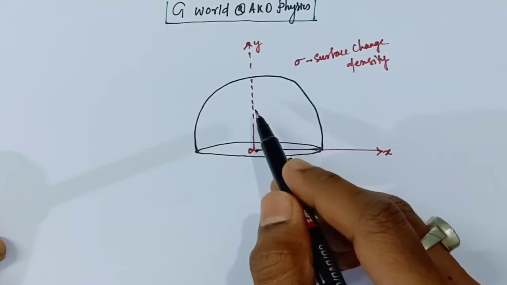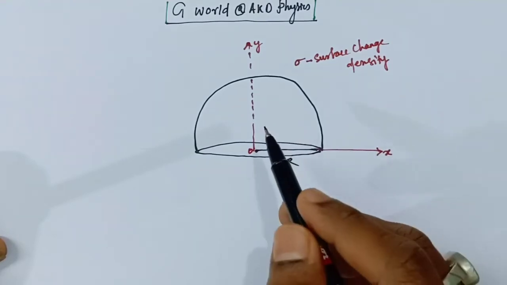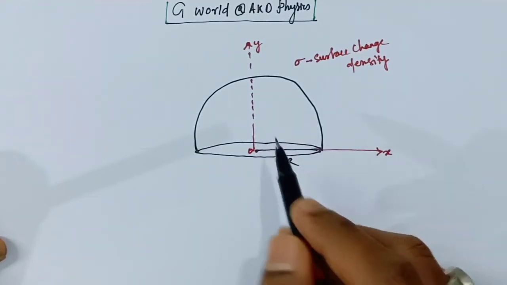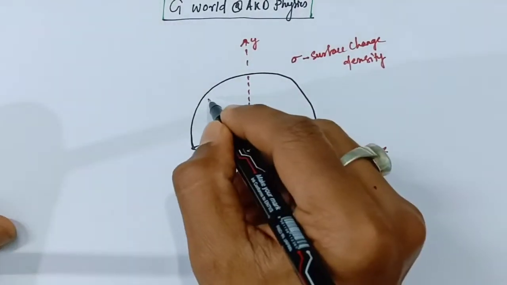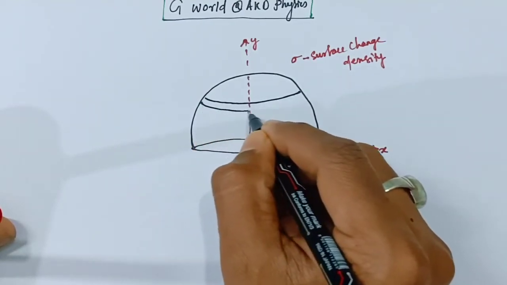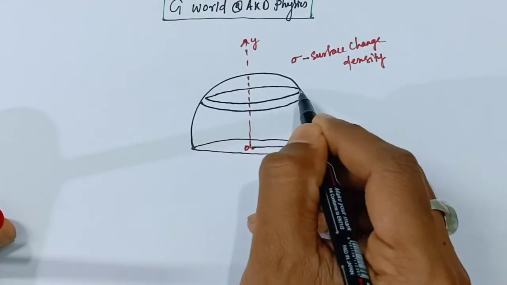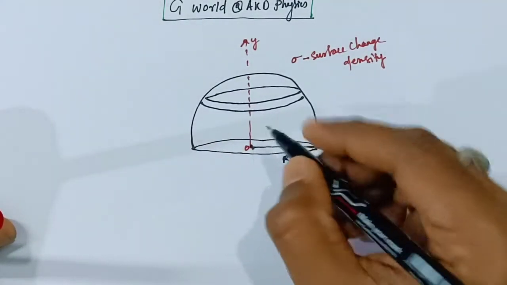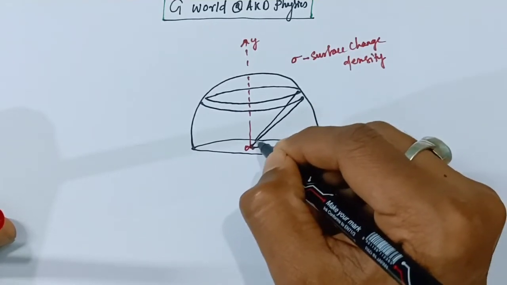To solve this extended body, we must think about an element. So in case of a hollow hemisphere, we must think about the element as a ring. So I will consider one elementary ring. This is my elementary ring. I connected it like this and like this.